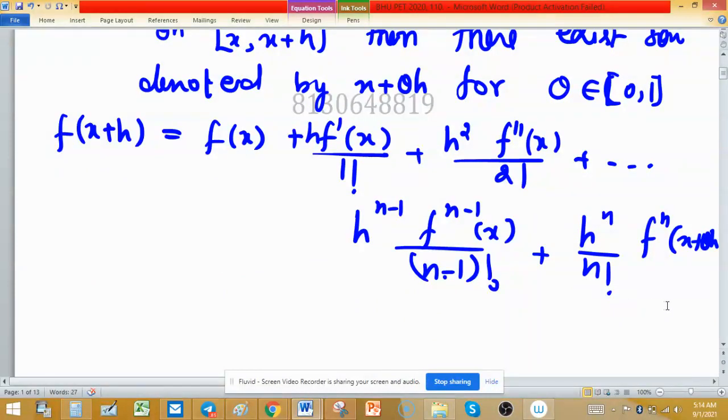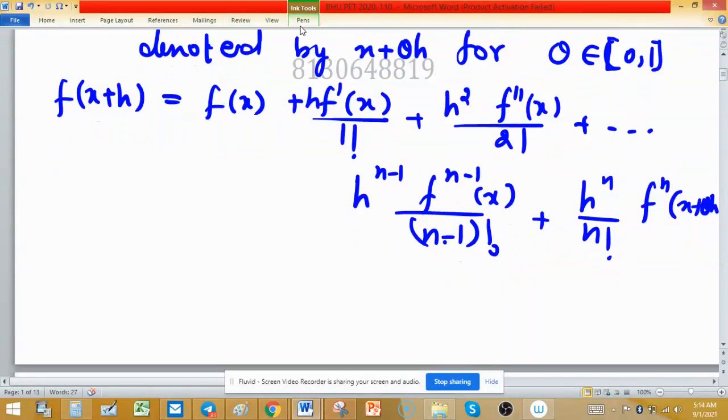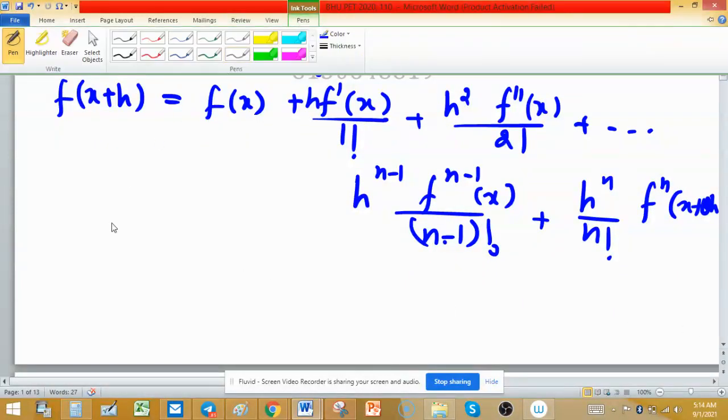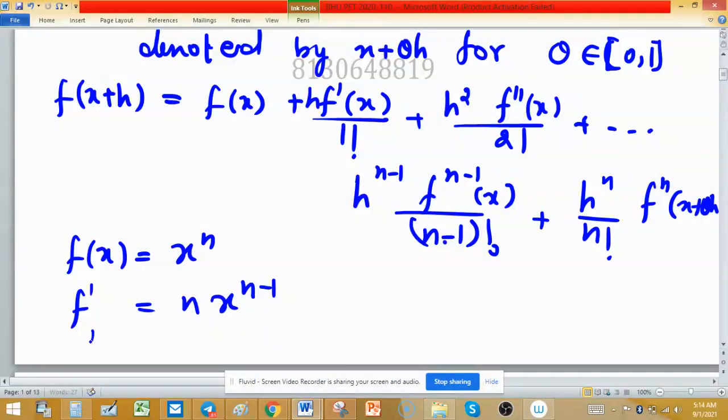So first I will try to find derivatives of the function, because we will use derivatives of the function in this. As f(x) equals x raised to the power n, f' will be n x raised to the power n minus 1, f'' will be n(n minus 1) x raised to the power n minus 2.